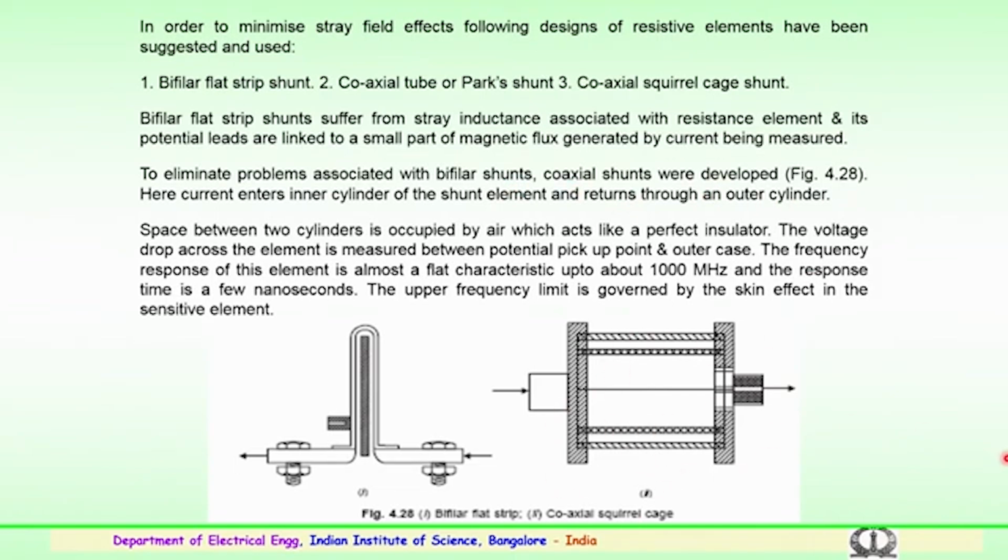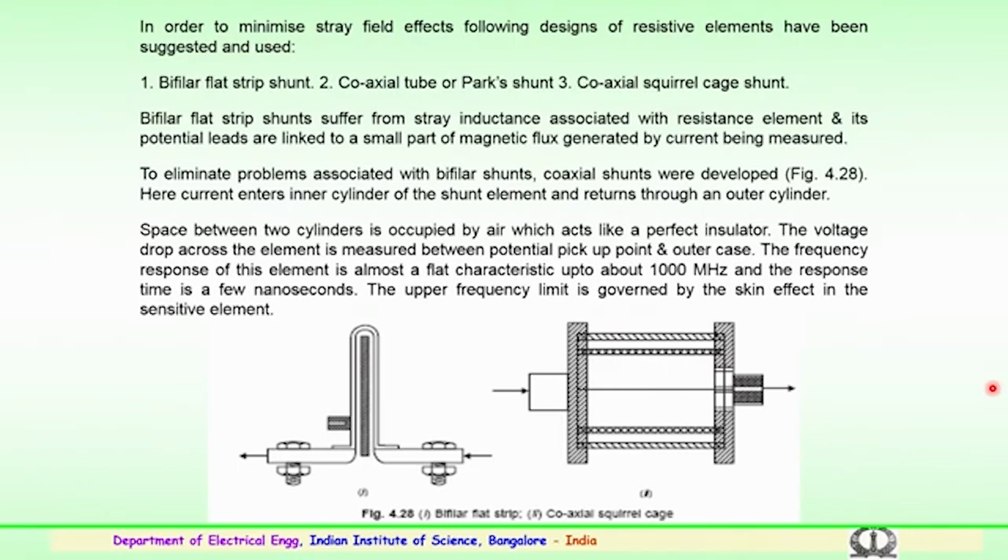So, here current enters between the cylinder of the shunt element and returns through the outer cylinder. The space between the two cylinders is occupied by air, which acts like a perfect insulator.